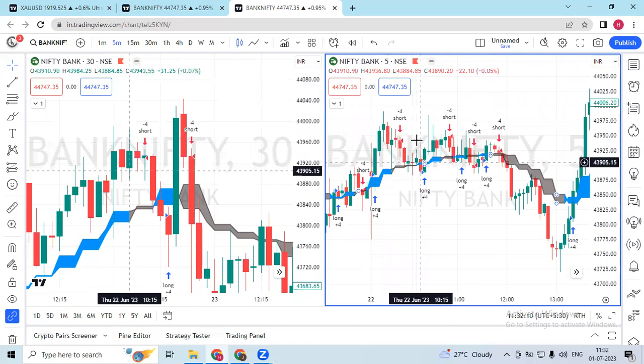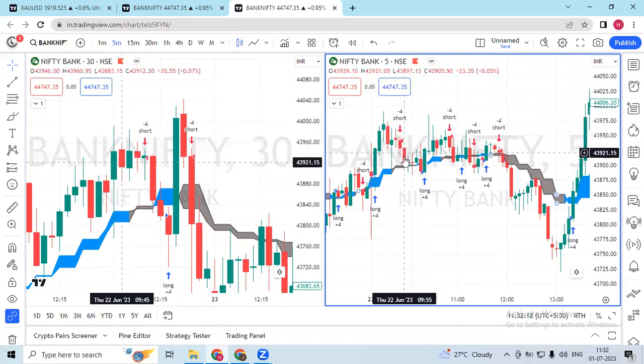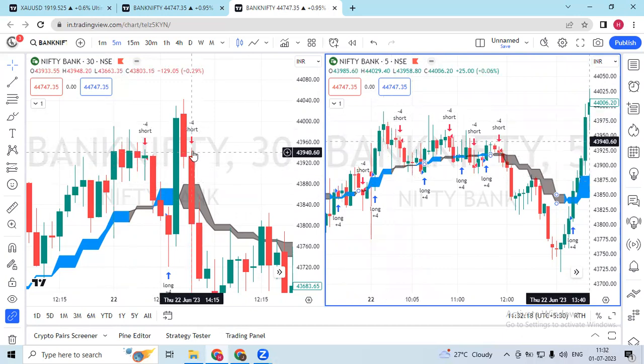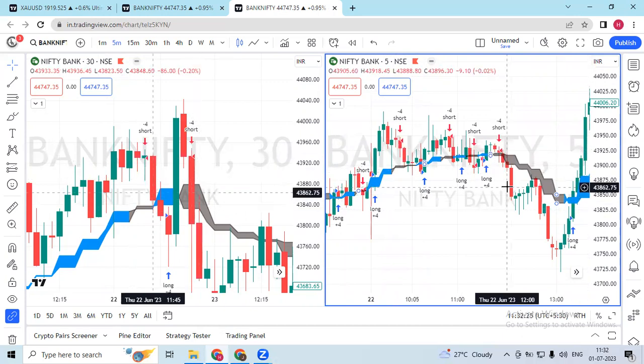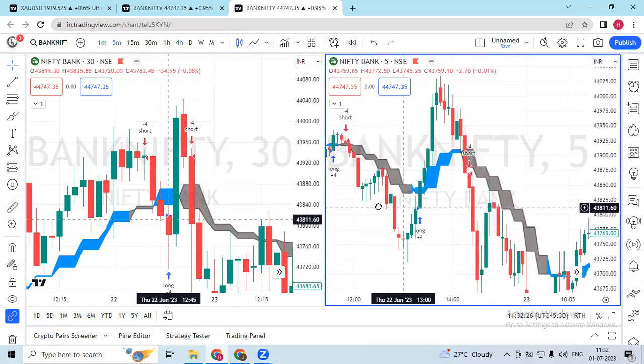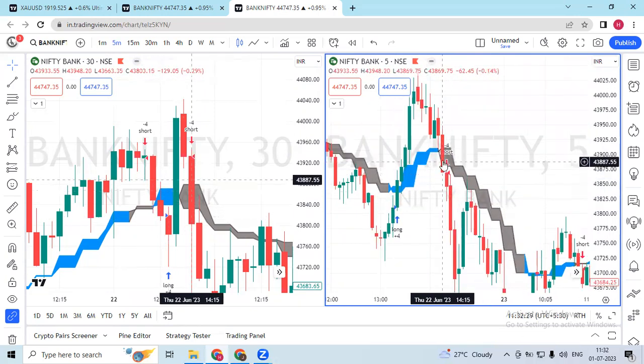Now, here it is. See, the candle went above first, then it came below. Sorry, the signal was given on 22nd of June at 2:15. Okay, so 2:15 was the signal given.